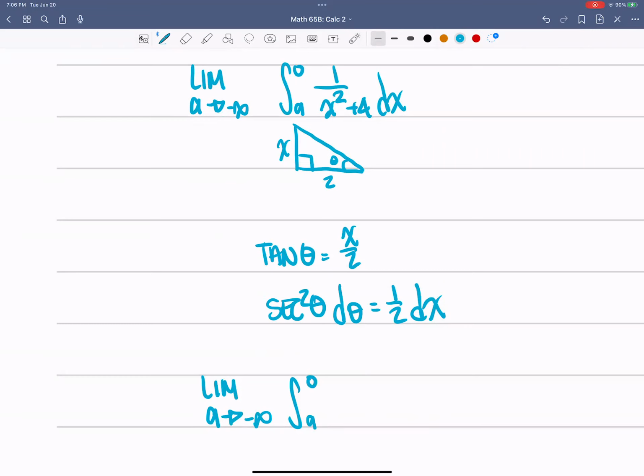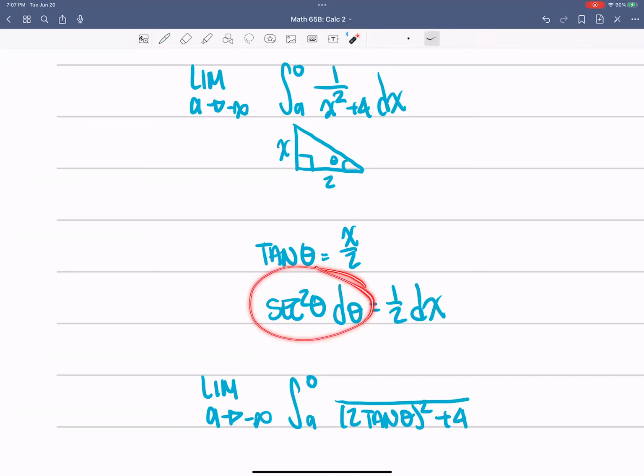We'll switch it back to x once we finish with theta. In the denominator we have 2 tangent theta squared plus 4, and in the numerator we have secant squared theta d theta over here.